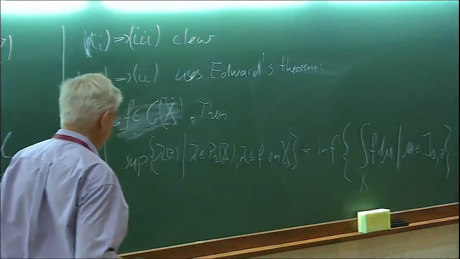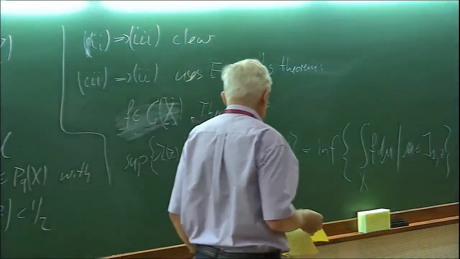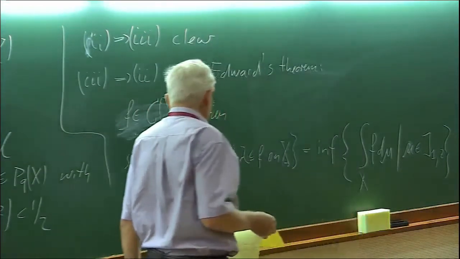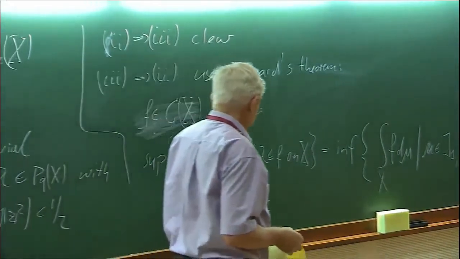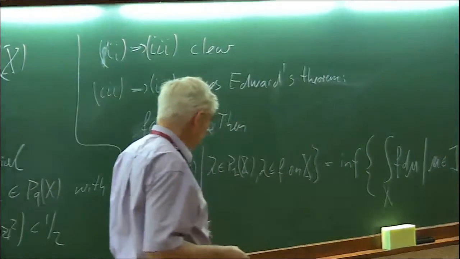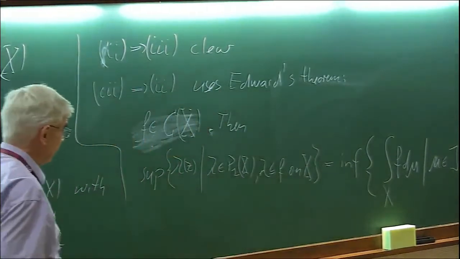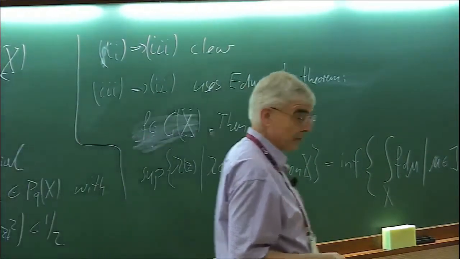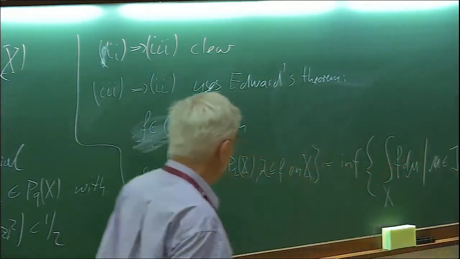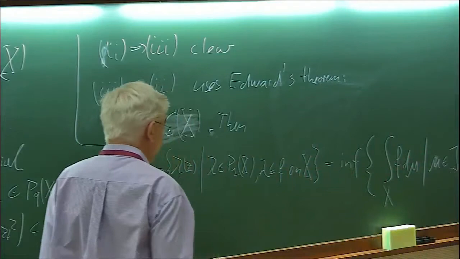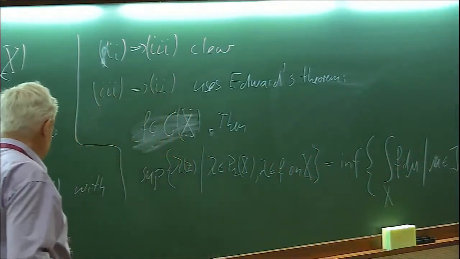Mu is a probability measure. So that direction is obvious. The other direction is not obvious, but it's the kind of thing having to do with convex functional analysis, separation of convex sets, and so forth. So I'm not going to go into the details, but it's not terribly hard.